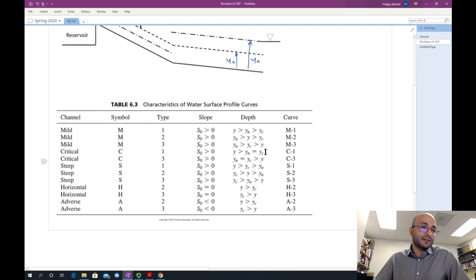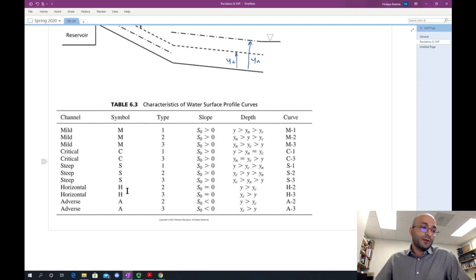And this relationship is true for all the different channels. So for critical channels, the normal depth and critical depth overlap. So region 2 disappears, so we don't need to worry about region 2. So you have just region 1 and region 3. For horizontal, the normal depth is mathematically infinity.